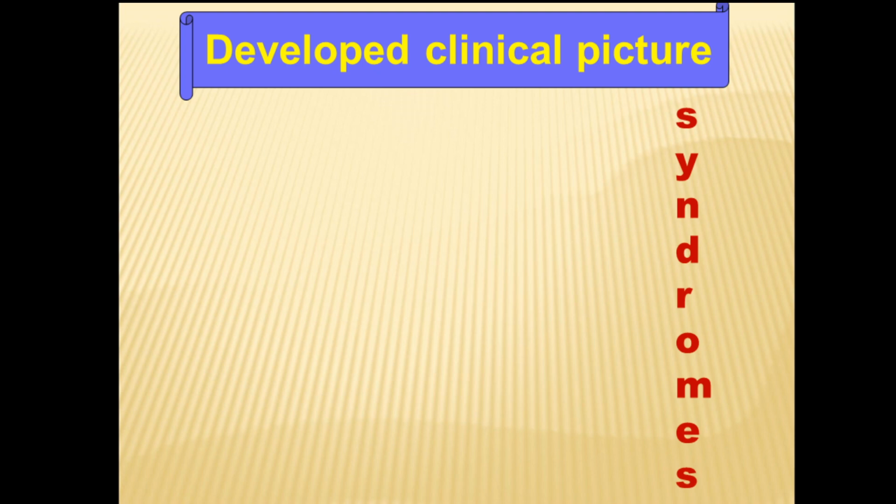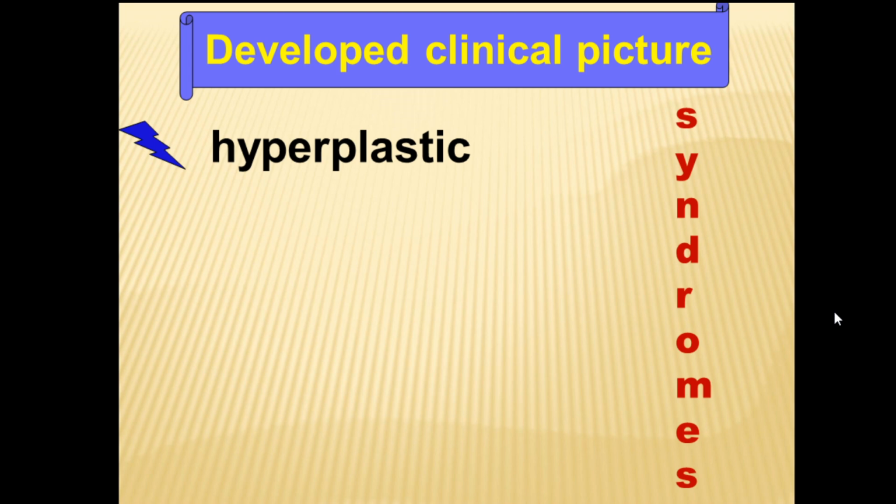The developed clinical picture is characterized with the next syndromes. I want you to remember and understand this principle, and then you can easily explain on the exam the complaints and visible signs of leukemia. First of all, hyperplastic syndrome. If you remember, we said when we gave the characteristic of leukemia, which is abnormal non-controlled proliferation of hematopoietic organs.